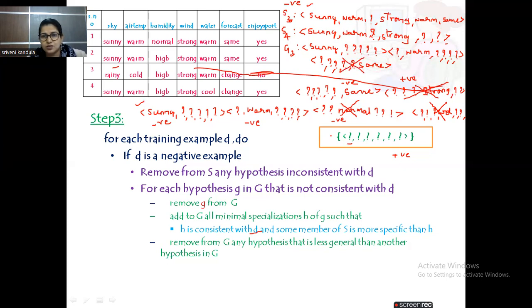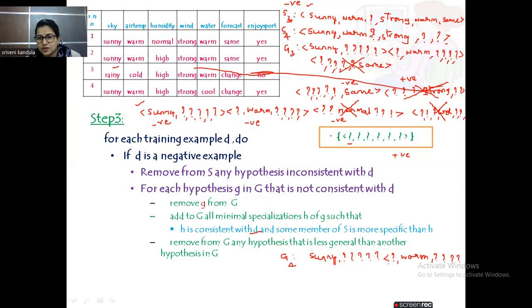I should remove this. So in G4, I will be left with only two hypotheses: sunny followed by all question marks, then question mark, then all question marks. So these are the only two hypotheses that we are left with.